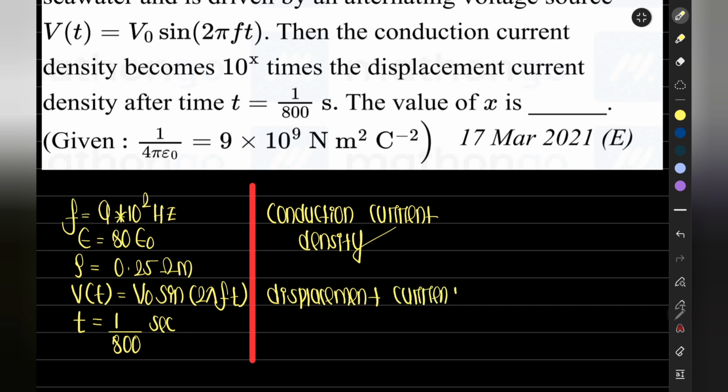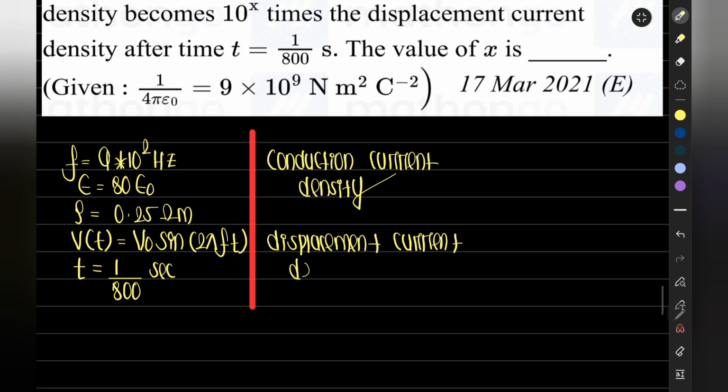So remember everyone, conduction current is that current which is because of the actual flow of electrons, whereas the displacement current is the current which is produced because of the changing electric field.